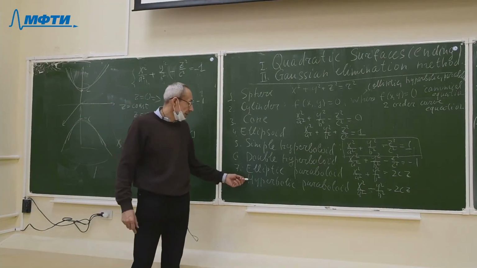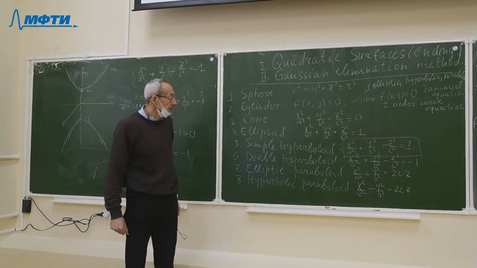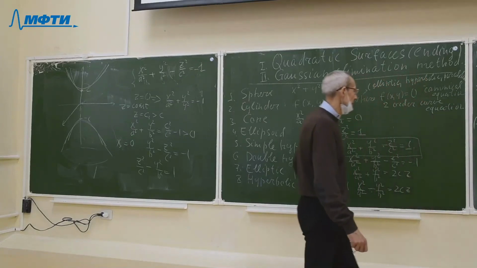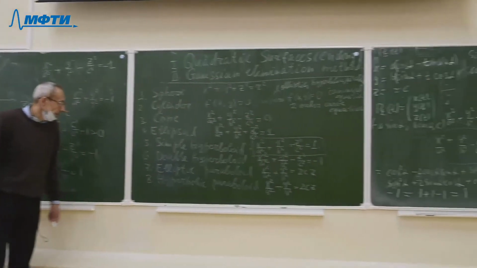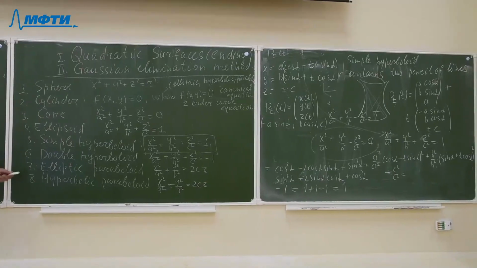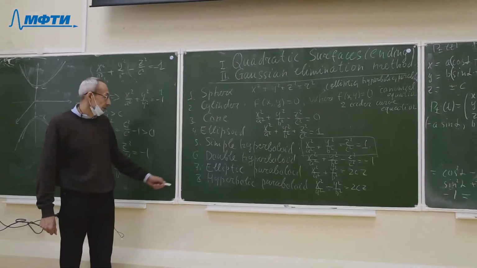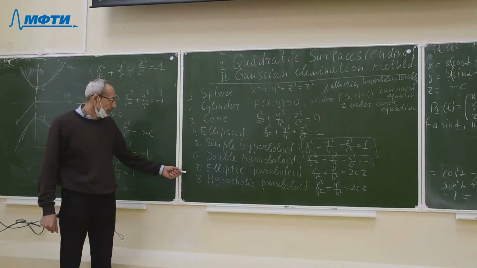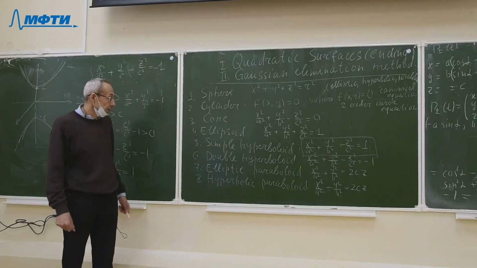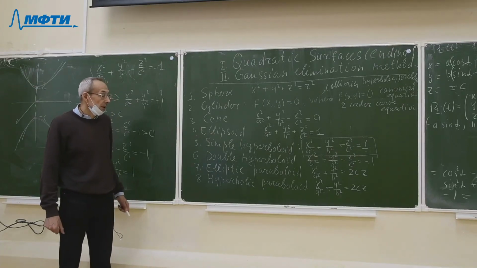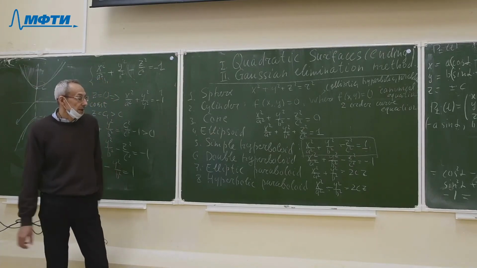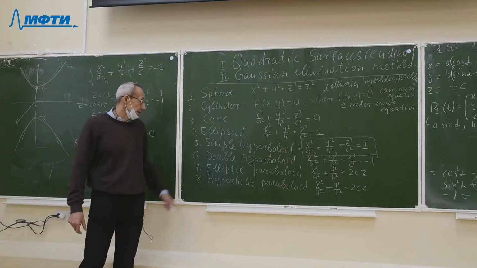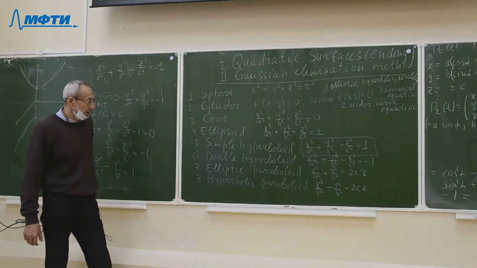In the case of the hyperbolic paraboloid, we also have the same family of straight lines, which have the same property: for any point of the hyperbolic paraboloid we also have two intersecting straight lines contained in this hyperbolic paraboloid.